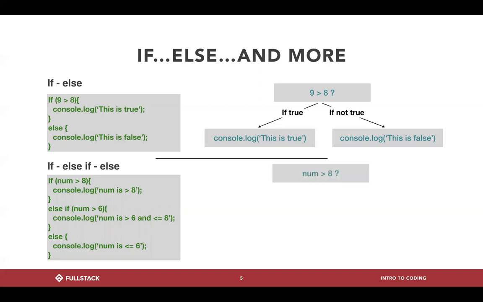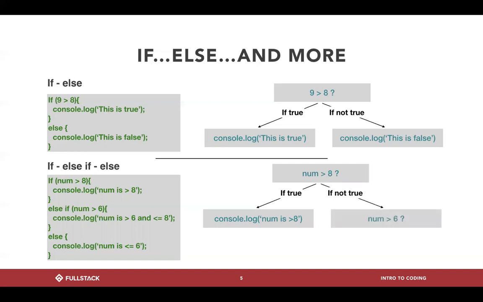If num is greater than 8, and here are our options. We have path 1, console log num is greater than 8. If it's true, if num is greater than 8, do this chunk of code, console.log num is greater than 8.